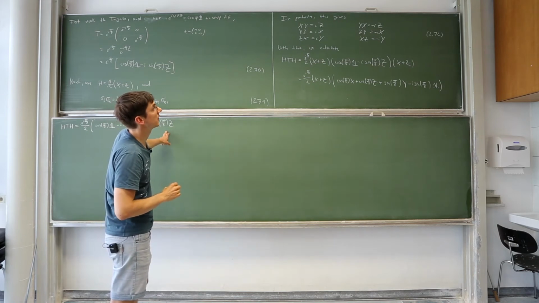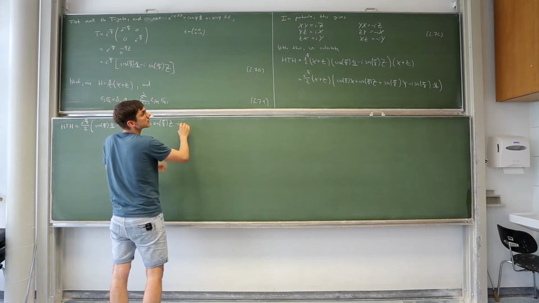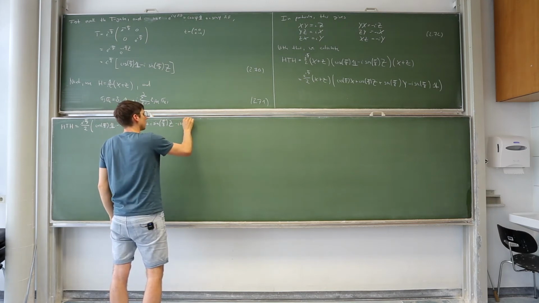And then the identity gives minus i sine pi over 8 times the identity.